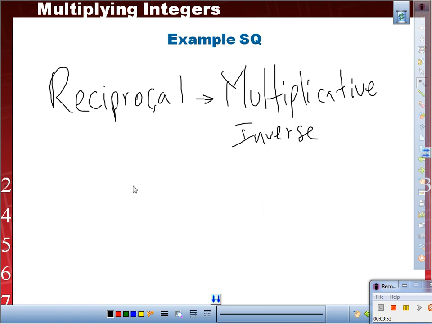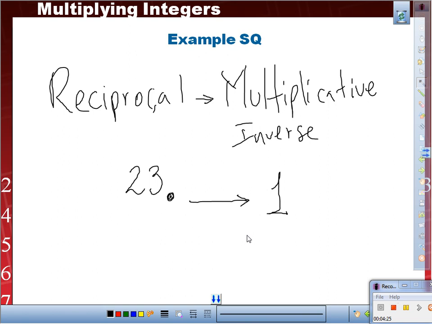The reciprocal is a number that when multiplied times another number, the answer is 1. For example, let me think of a random number. 23, Michael Jordan. I need to multiply 23 times a number so that the result, the product, is 1.